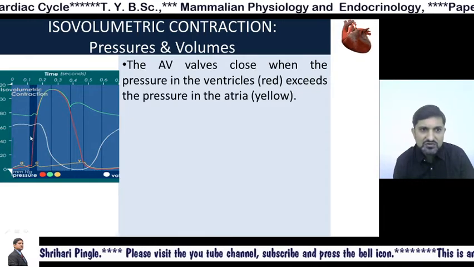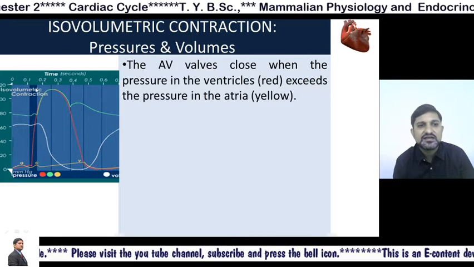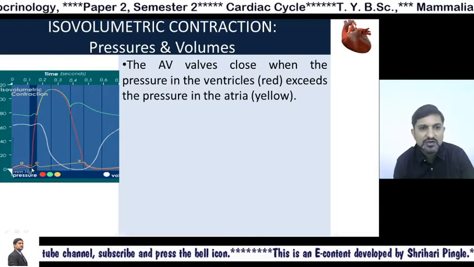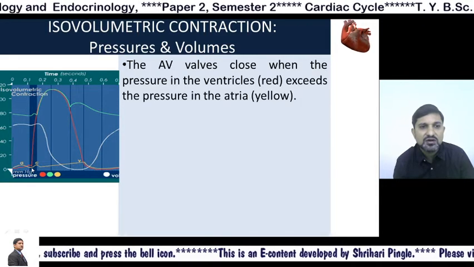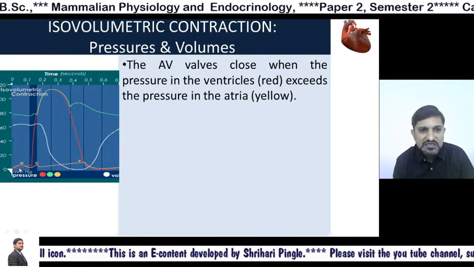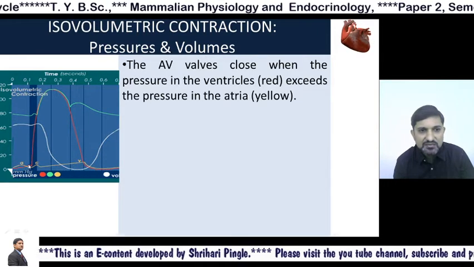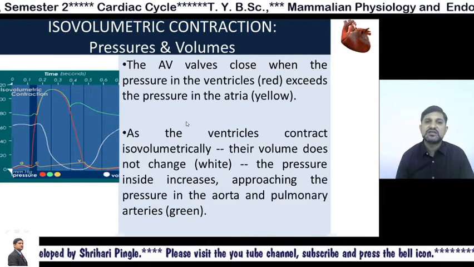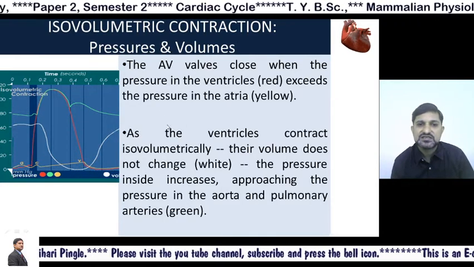We are talking about this phase of the cardiac cycle. Now you see here that the pressure in the auricle has gone down because the blood from the auricles has already flowed into the ventricles. However, since the ventricle is getting filled up, the pressure in the ventricles is increasing. So this is one important event which is taking place in this phase.